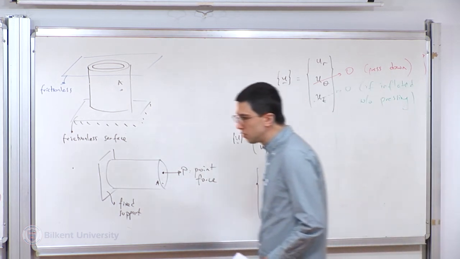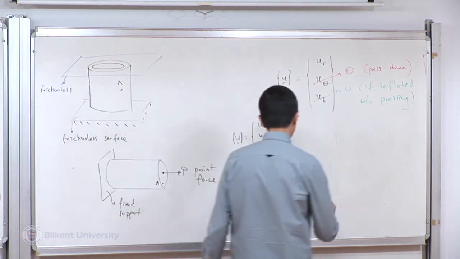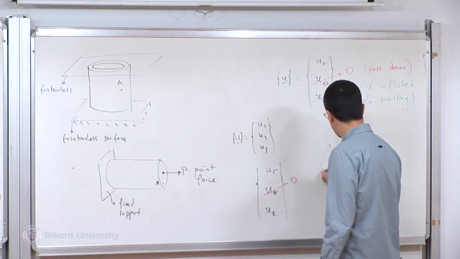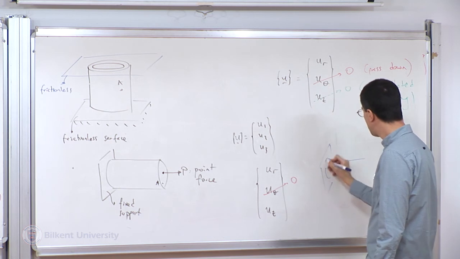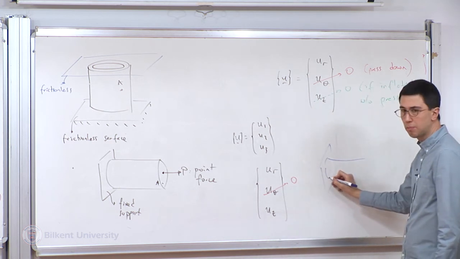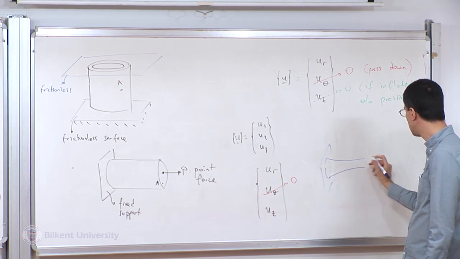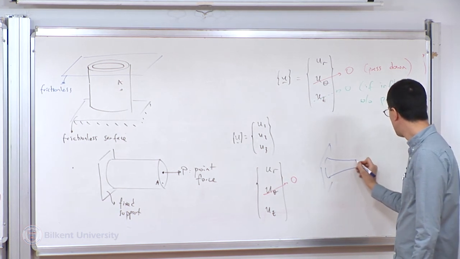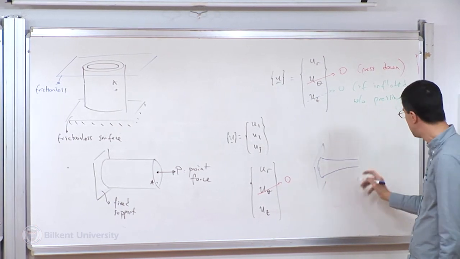So what does the displacement field look like after? I just want to sketch it, right? So it's fixed at one end. And so I'm pulling on it. Due to the Poisson effect, if the Poisson ratio is positive, it's going to contract like this. So the more I pull, the thinner this side will be. This side is fixed, so it cannot get thinner.